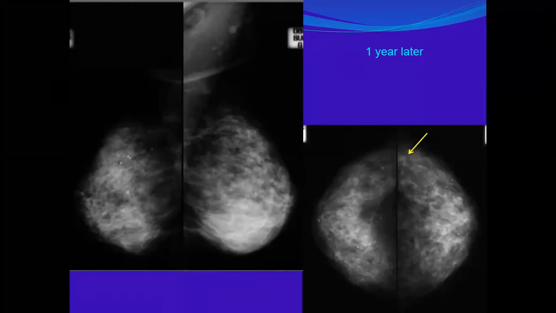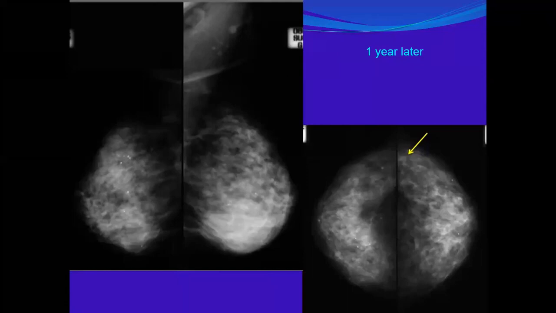So the focal asymmetry is there, it is persistent. But why could you appreciate it in one view, and in the second mammography follow-up, you could appreciate it in the other view and less in this view? What is the cause for this? Maybe inadequate compression.